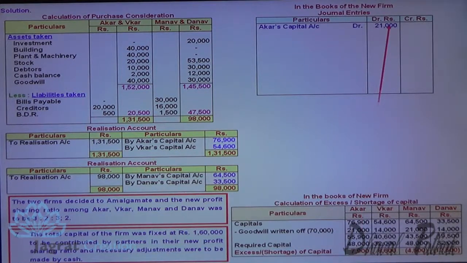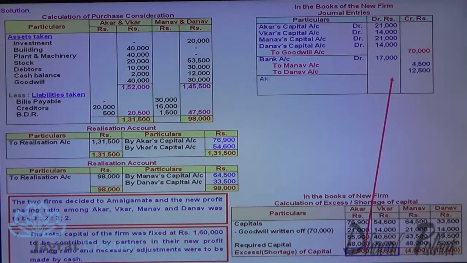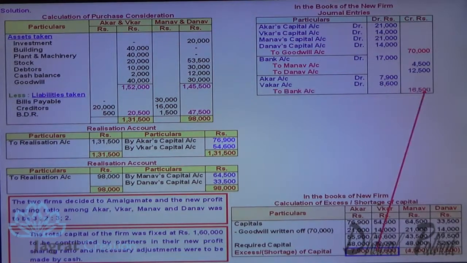Akar's capital account debit, Vakar's capital account debit, Manav's capital account debit, Danav's capital account debit, to goodwill account, goodwill written off. This is the amount brought. So bank account debit 17,000 to Manav's capital account, to Danav's capital account, and the amount redeemed to Akar and Vakar. So Akar's capital account debit 7,900, Vakar's capital account debit 8,600, to bank account 16,500.